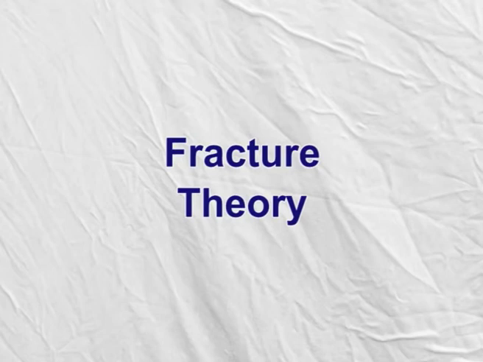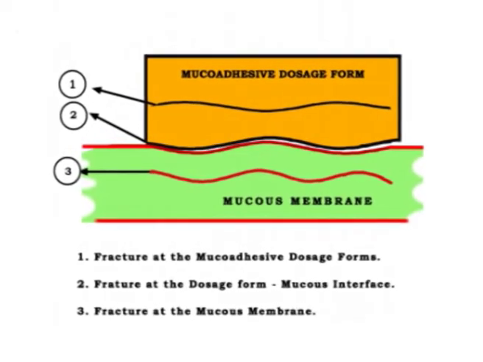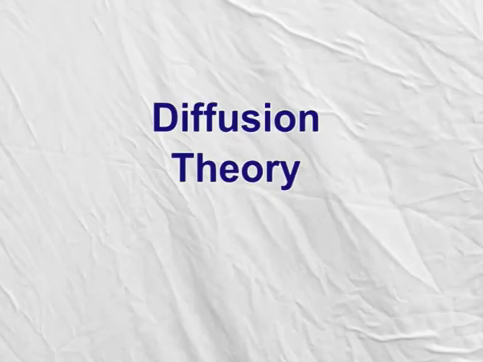Next, another theory, that is the fracture theory. This is the most used theory for the mechanical measurement of mucoadhesion. It analyzes the force required to separate two surfaces after adhesion is established. Then the diffusion theory.